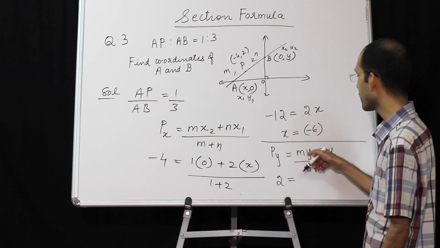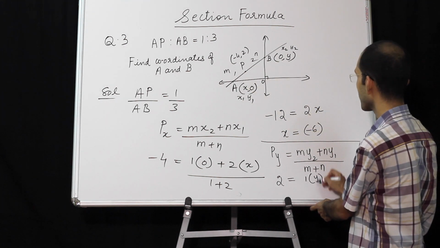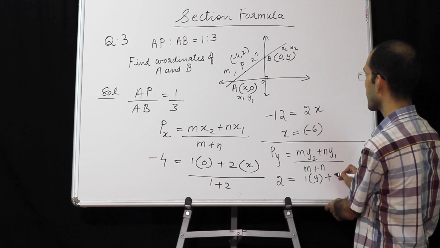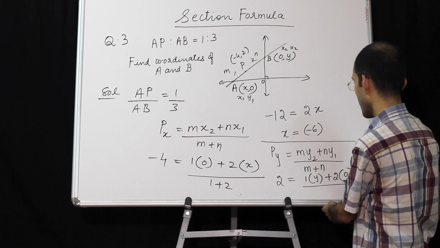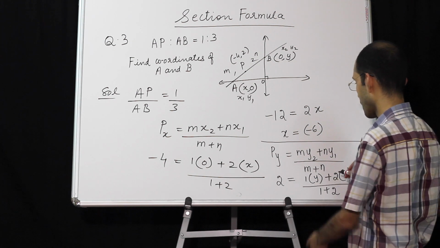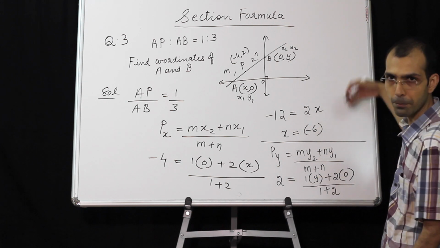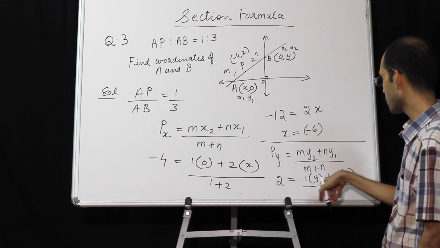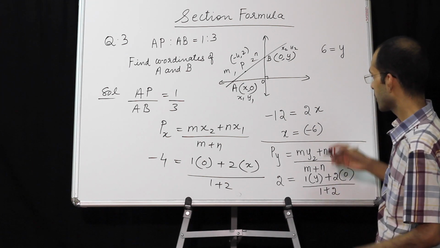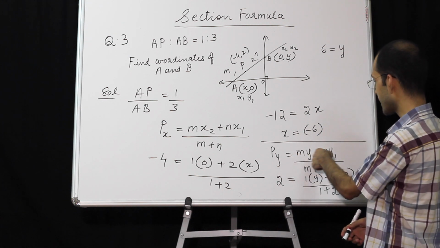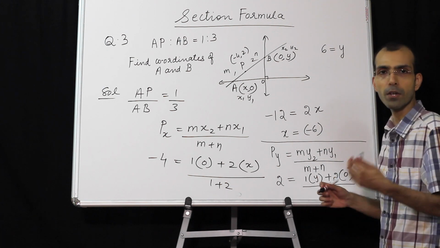So that is my2, so 1 into y, just substitute, plus n into y1 upon 1 plus 2. So 1 plus 2 is 3, 3 into 2, 6. So 6 is equal to y. Okay, let's check once again. Py is my2 plus ny1 upon m plus n. Okay, done. So y is equal to 6.